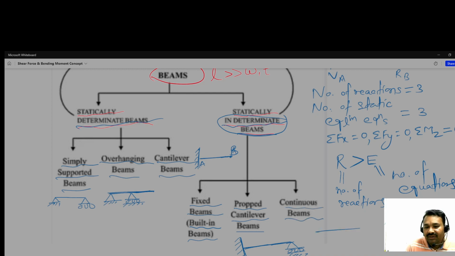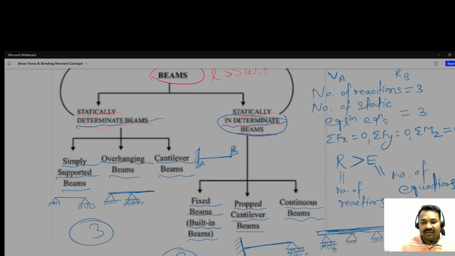In a continuous beam, there will be more supports, here one support, here one support, either hinge or roller kind of things. In this way, we have classified beams into statically determinate beams and statically indeterminate beams. Statically determinate beams have three types, and indeterminate beams also have three types.